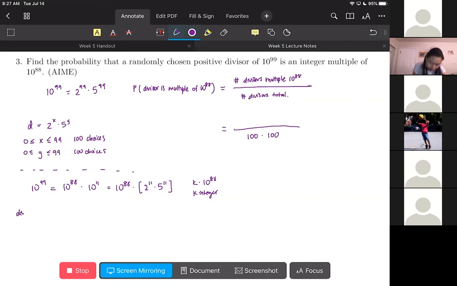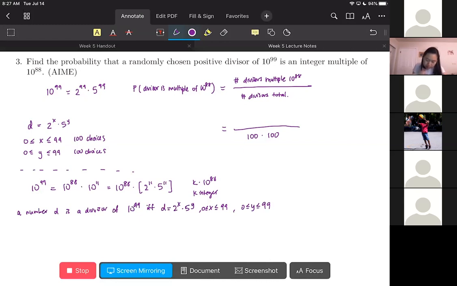A number D is a divisor of 10 to the 99 if and only if D is 2 to the x times 5 to the y. This is just what we wrote above.